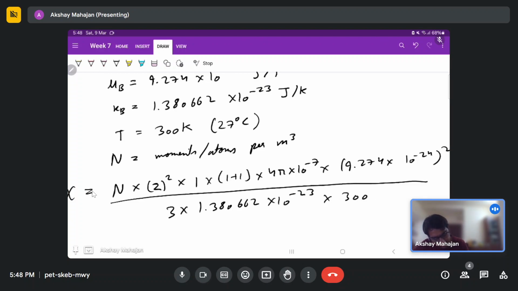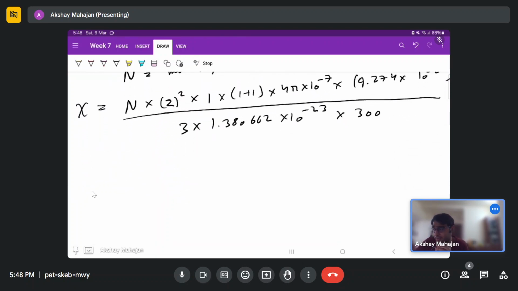Okay, basically if all the constants are in SI units and you have multiplied by mu naught, then your susceptibility will be unitless. So this will be equal to 7.6465 into 10 to the power minus 32.